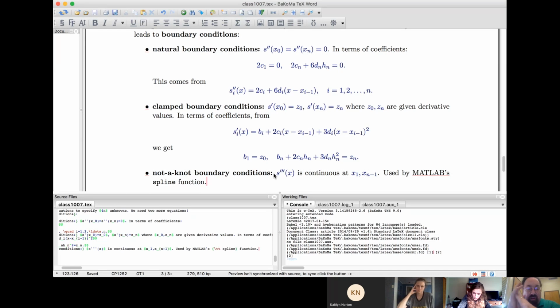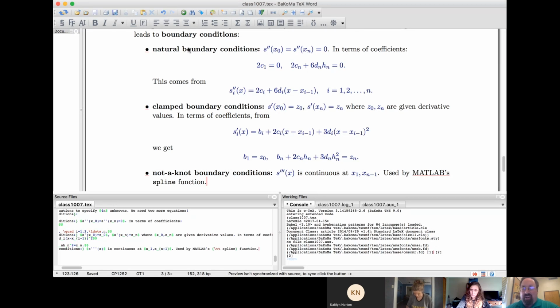Now, one thing I need to point out is that in the book, I made a terribly erroneous statement that I'm actually kind of embarrassed about. I make a claim in the book that not-a-knot and natural are the same, that the two are synonymous, and that was due to a gross misinterpretation of MATLAB's documentation that led me to that misconception that I held for years.